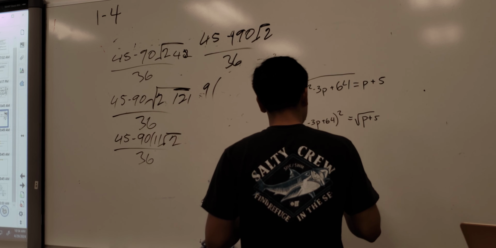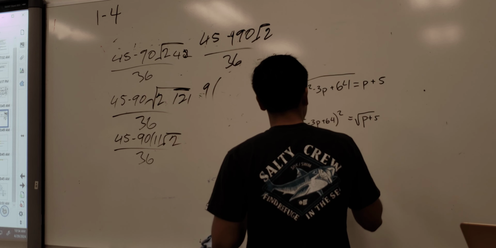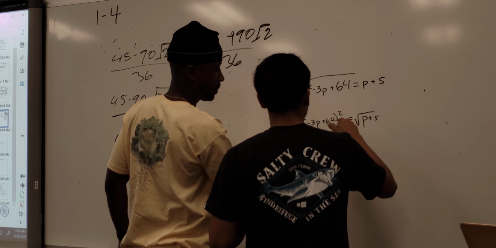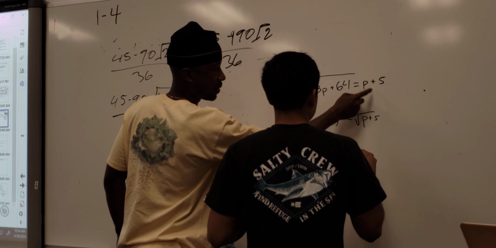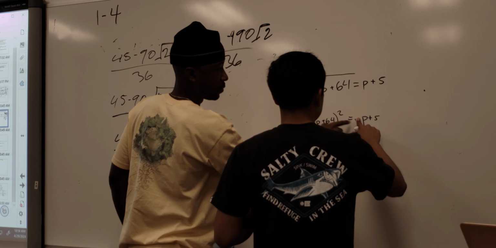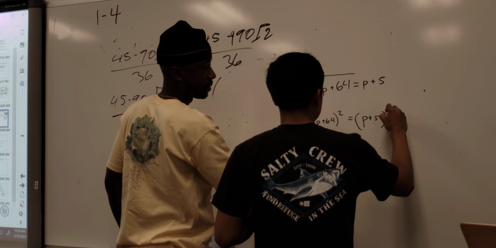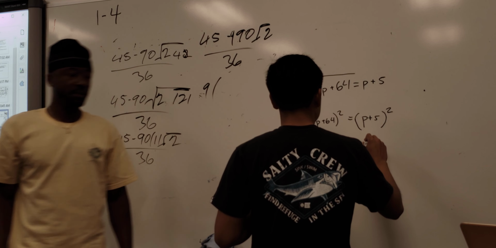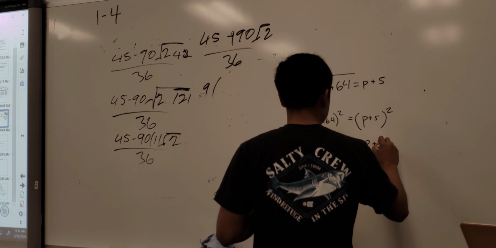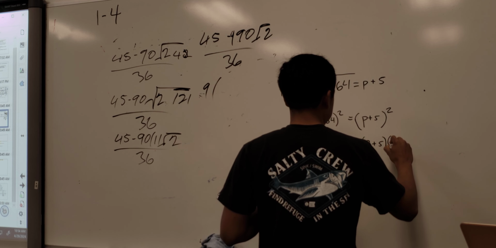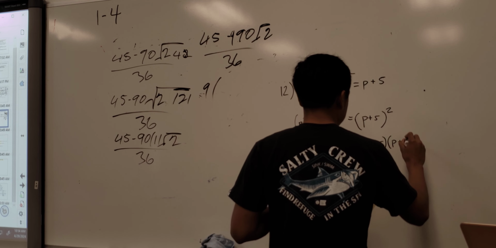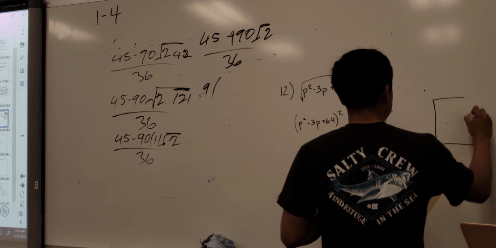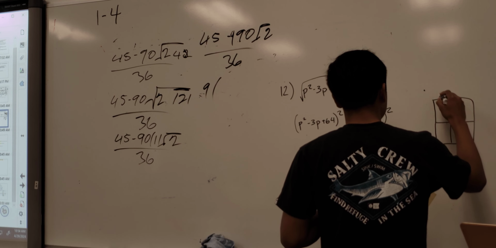You gotta square your right side. P plus 5, next line. Square P plus 5. Put parentheses on it. Perfect. Now multiply that out, either use the box method, or there you go. Now you see what you're gonna have to do in your exam? You went to the shortcut and just did these two. On your exam, when you get something along these lines, you gotta remember to do this squared equals?